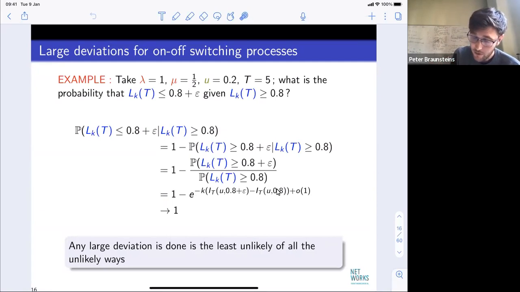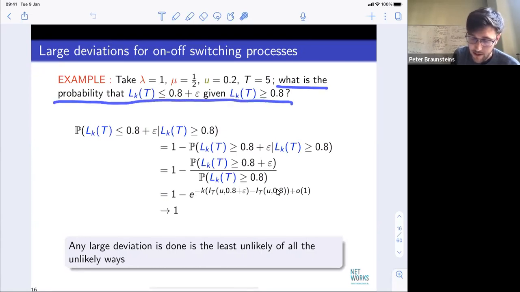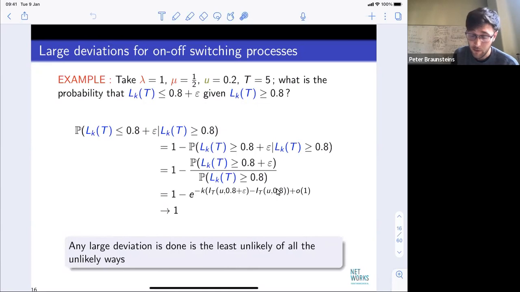We can ask: what is the probability that the edge density is very, very close to 0.8, given that it's greater than or equal to 0.8? Using exactly what we just derived, this probability converges to 1.